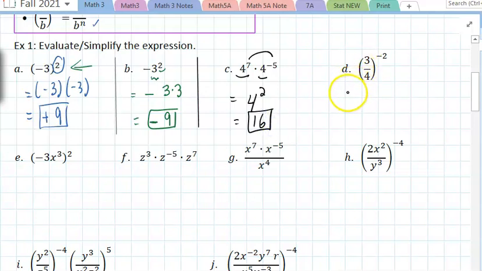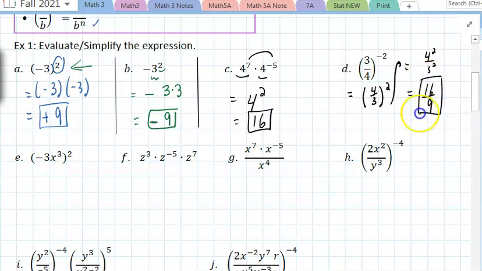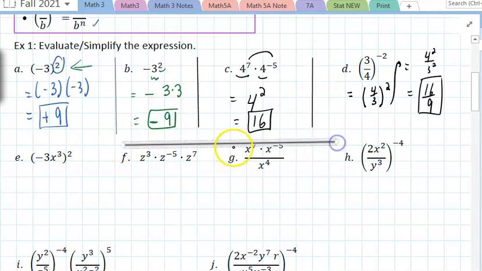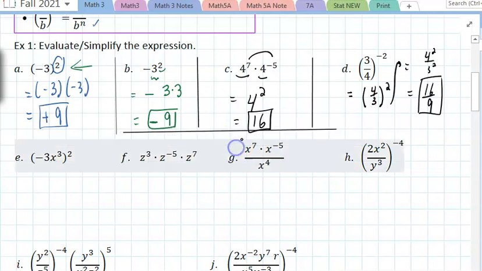And if I see a fraction raised to a negative power, I can change the negative to a positive and take the reciprocal, and that would be 4 squared over 3 squared, and that would be 16 over 9. Alright.